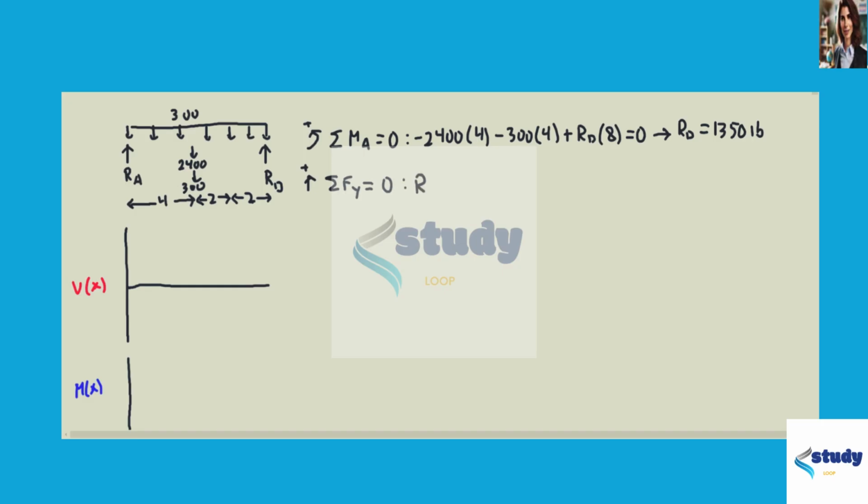We've got RA minus 2,400 minus 300 plus 1,350, and we get for our reaction at A is also equal to 1,350 pounds.